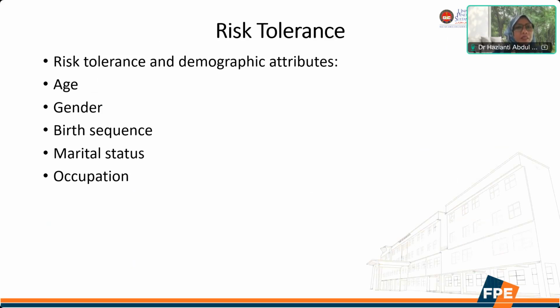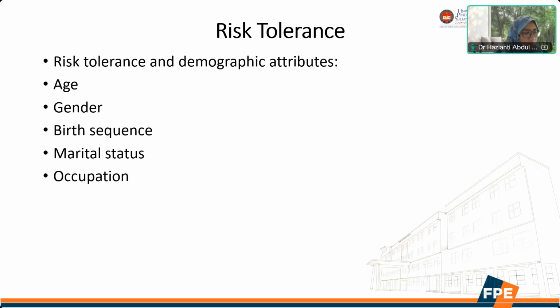Because the eldest child has this attitude that he or she has to take care of the younger siblings, and they want to be a role model for them. So they are more risk averse compared to the second or third or the youngest child.